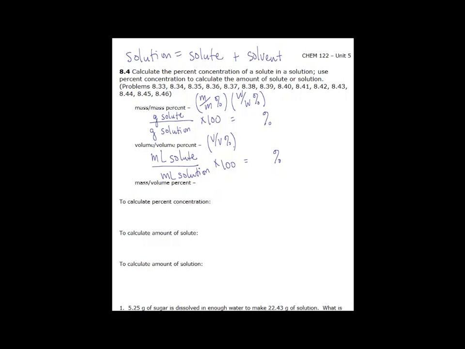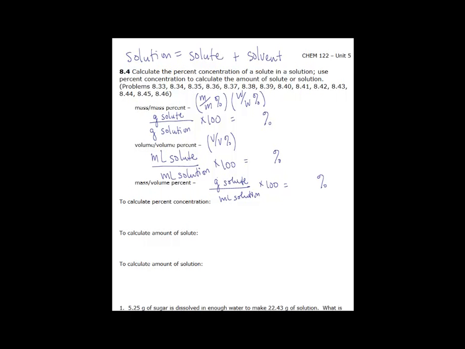The last percent concentration that we're going to talk about is mass volume percent. So it's kind of the two previous percent concentrations combined. So you have the grams of solute over milliliters of solution times 100, and that gives you a percent.